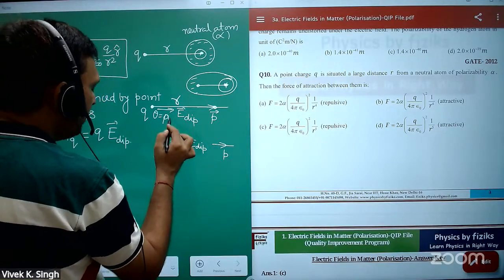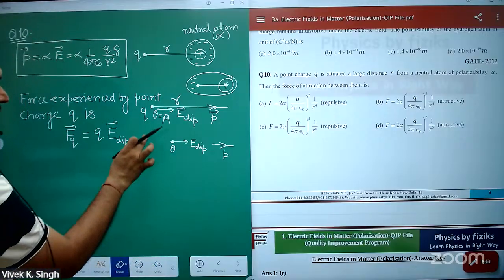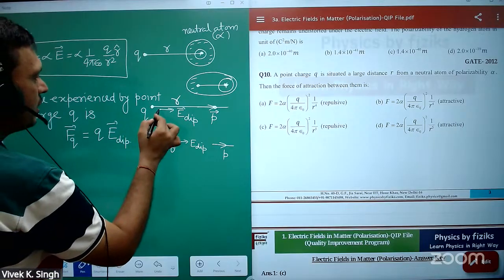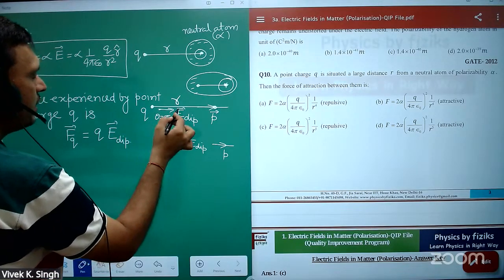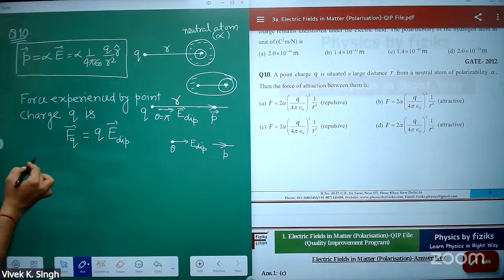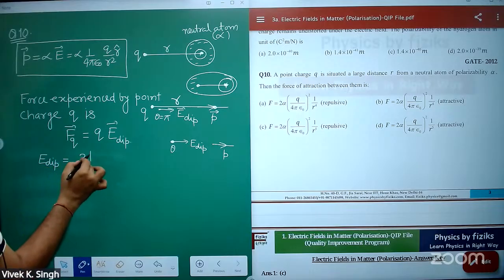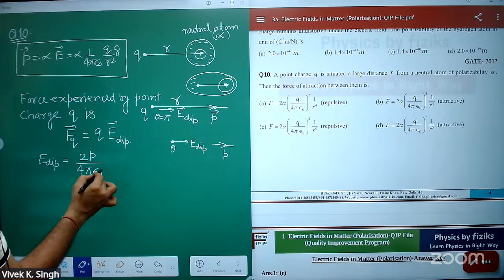Here theta will be pi. If you substitute theta as pi, you will get this electric field. And what will be that field? E dipole is given by, I am writing the magnitude, direction you know, 2p by 4 pi epsilon naught r cube.